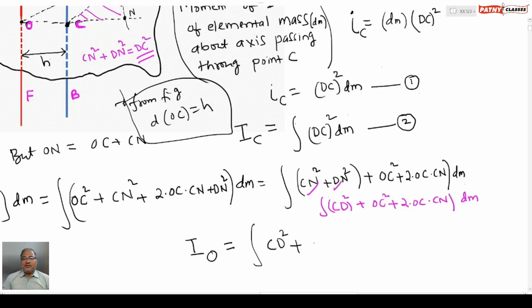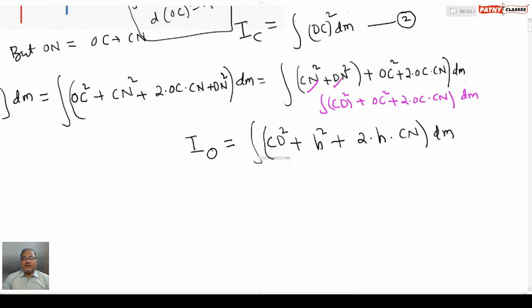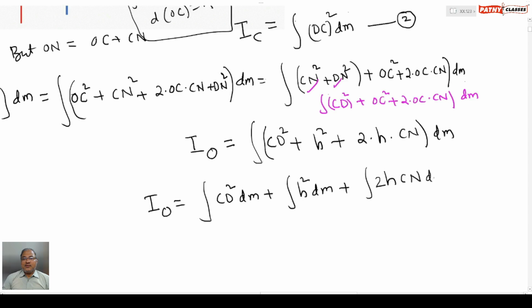OC square is nothing but H square, plus 2H CN, bracket close, dm. Now separating the integration terms, I naught equals integration of CD square dm plus integration H square dm plus integration 2H CN dm.